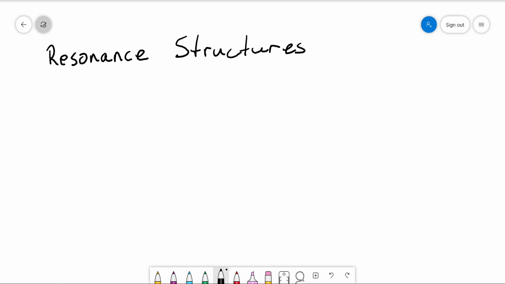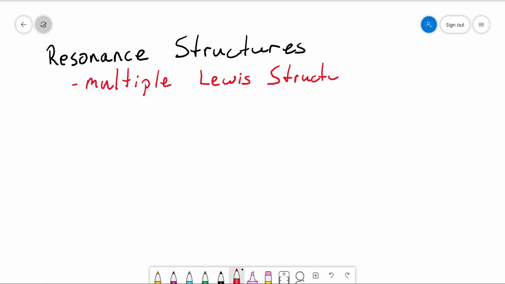And that is when we have multiple Lewis structures for the same molecule. Multiple Lewis structures for the same molecule.